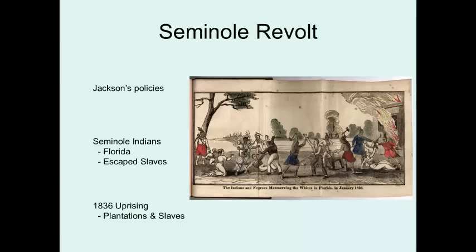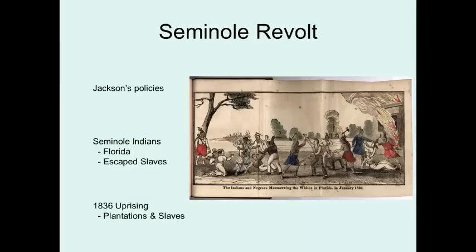In 1836, the Seminoles and their free black population, they were called Black Seminoles, began attacking plantations, began killing masters, and began freeing slaves. And this revolt spread to neighboring plantations, and the conflict really, really spread.